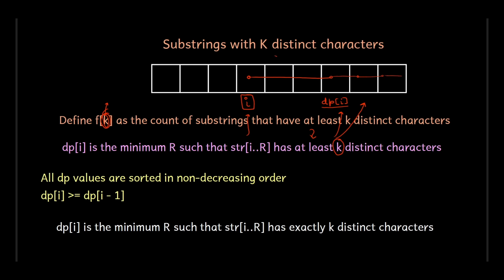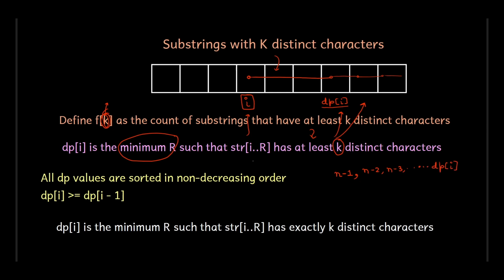But if you end early, then for sure you will not get the total count of characters as at least k. So your ending positions, if you count zero based indexing, could be n minus 1, n minus 2, n minus 3, up till DP of I.